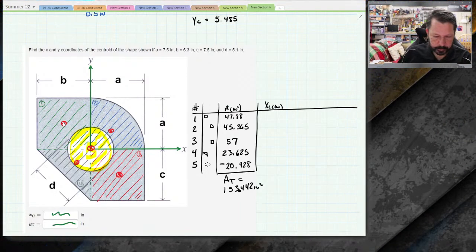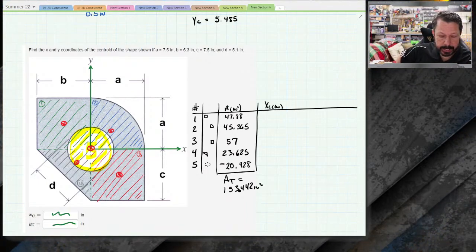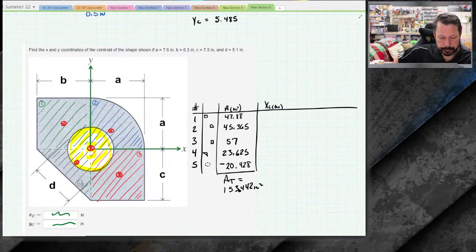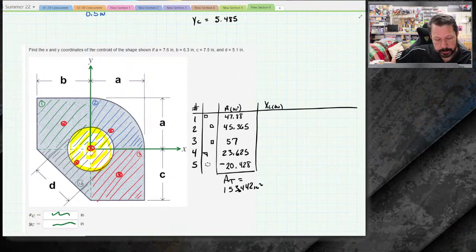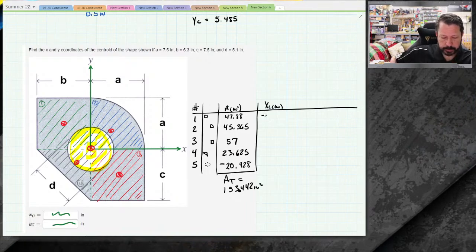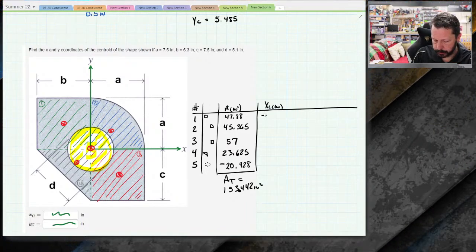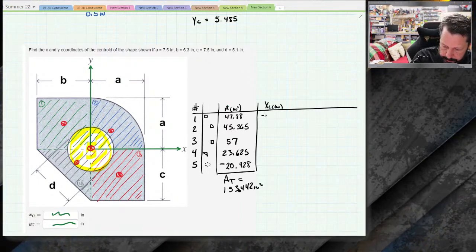All right. So what I need in my table is the x coordinate of each of these centroids. So for the green piece, it is in the negative x direction. So it's actually a negative here. Negative b over 2. So 6.3 is b. So 3.15.